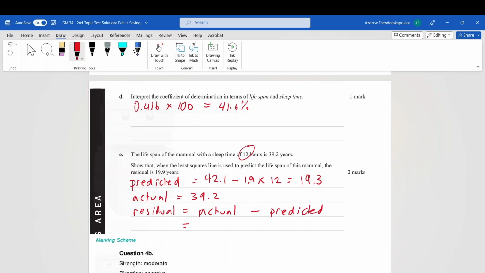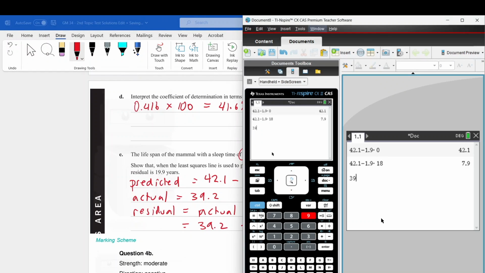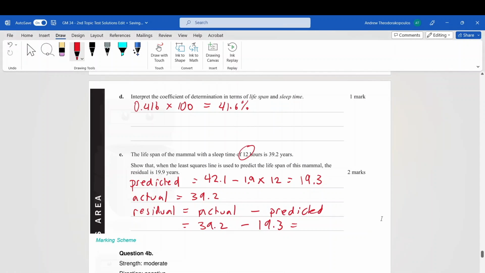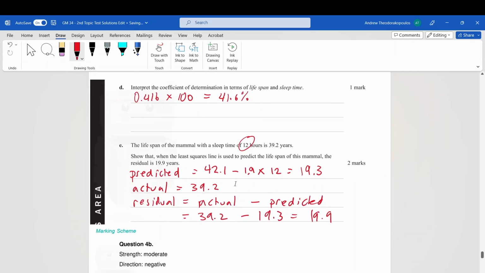The actual data value is 39.2 and the predicted value is 19.3. So if we take away these in our calculator, 39.2 take away 19.3, we get 19.9. You already know the answer, but we're just asking you to show how they got there, and that's 2 marks.